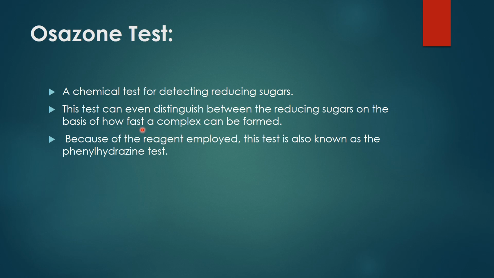Because of the reagent employed, this test is also known as the phenylhydrazine test, because the common reagent in the test is the phenylhydrazine compound. So you can hear osazone test or phenylhydrazine test.